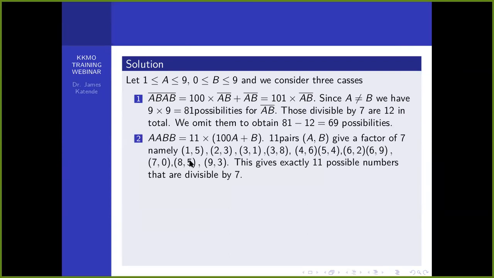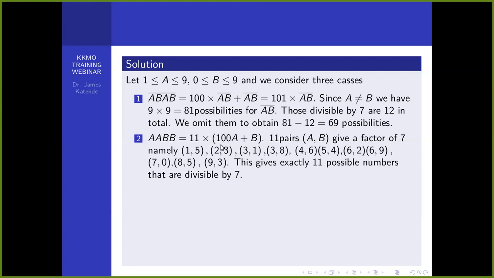So the second case, you use similar ideas. You can write this 4-digit number as 11 multiplied by 100 times A plus B. I hope this is clear. So clearly this number is not divisible by 101. It can't be divisible by 101 because 100 multiplied by A will not be divisible by 101, and also B will not be divisible by 101.